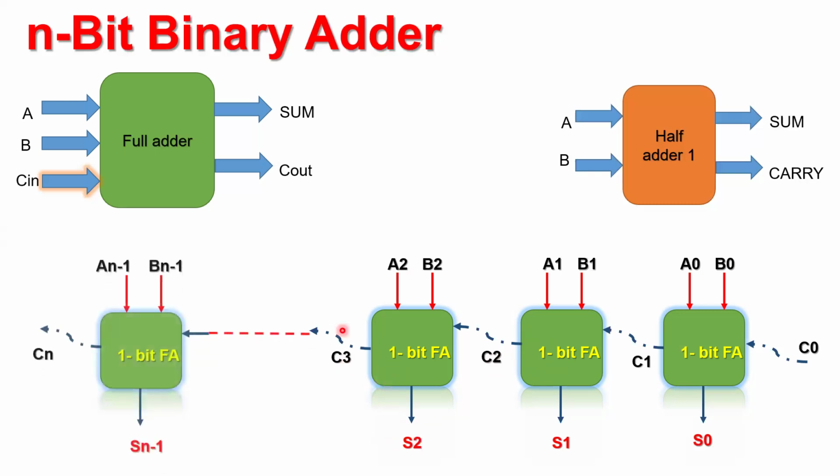You keep on doing that up to the last 1-bit full adder stage, with inputs An-1, Bn-1, and the carry input Cn-1, and the two outputs are Cn and Sn-1. That is how you build your complete n-bit binary adder circuit.